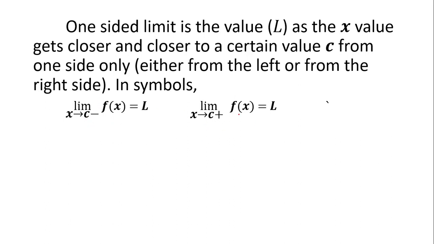Now, if we say to the right, the right side value of the approach, for example 2, we can have 2.5, 2.6, 2.01. Those are the right side values.